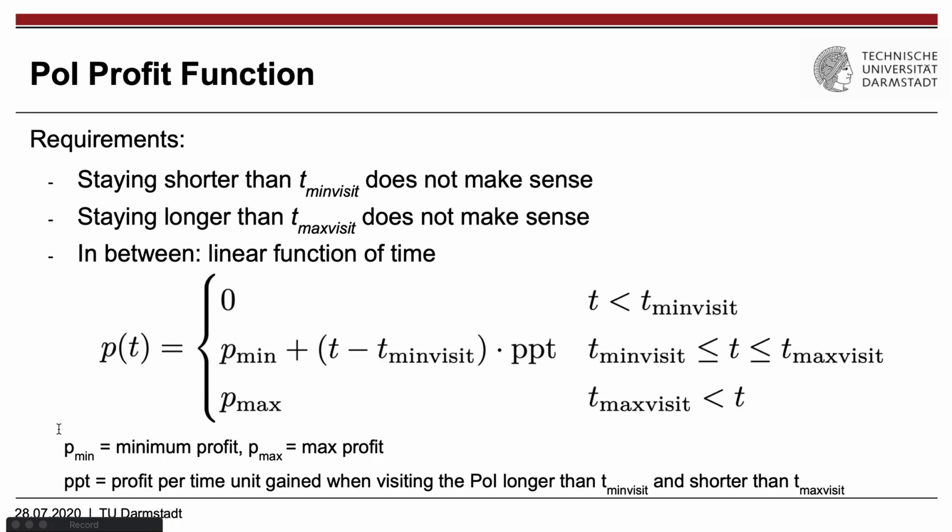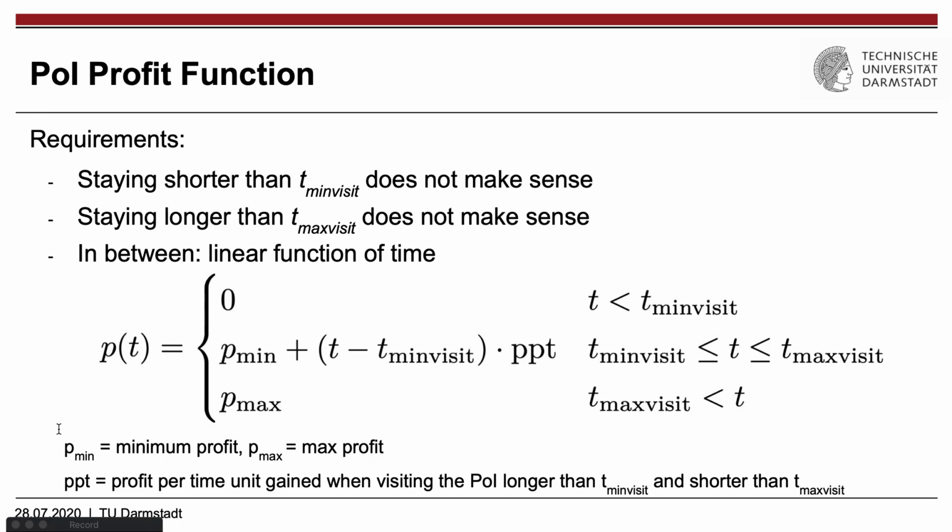So for modeling the profit function, we take into account that there's some t-min visit, and staying shorter than t-min visit does not make sense, but also staying longer than t-max visit does not make sense. And in between we have a linear function of time, so staying longer increases the profit linearly within the range between t-min visit and t-max visit.